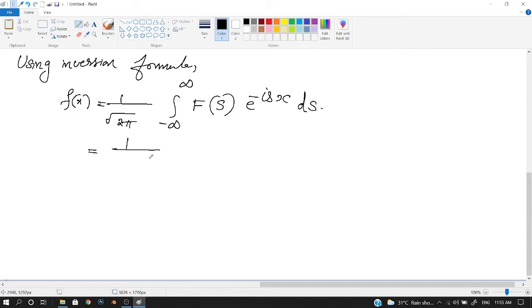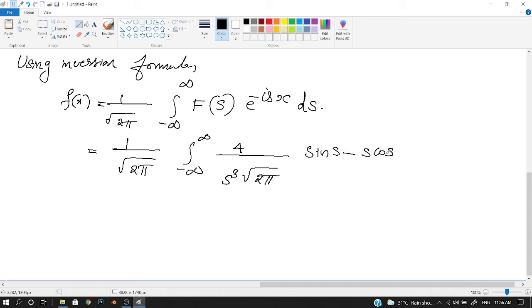Now substitute the value here. Integral minus infinity to infinity, 4 divided by s cube into root 2 pi, then sin s minus s cos s, into e raised to minus isx ds.